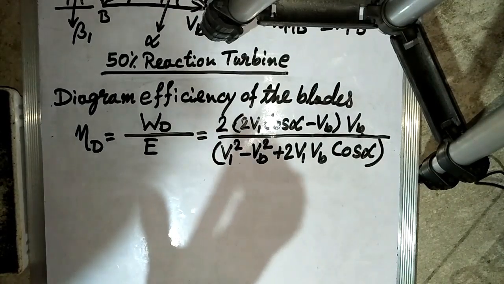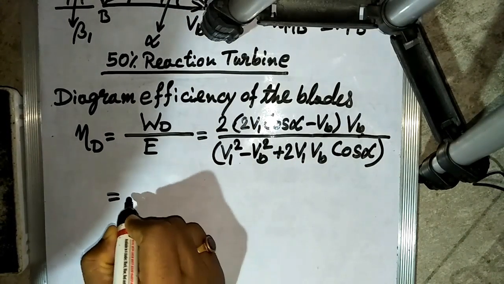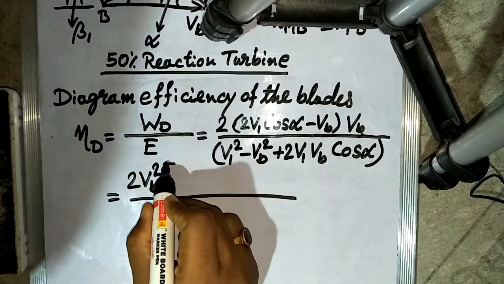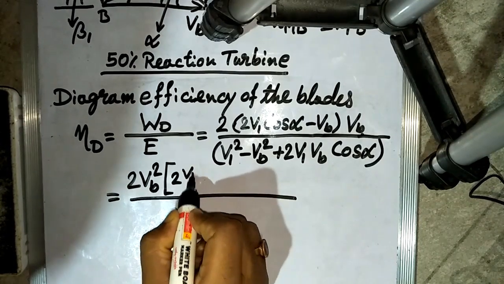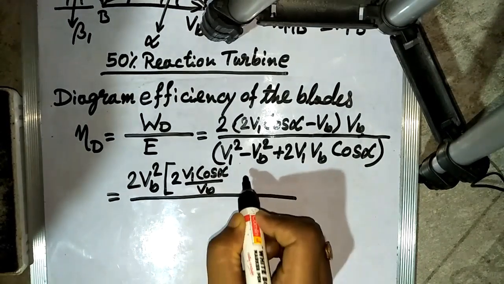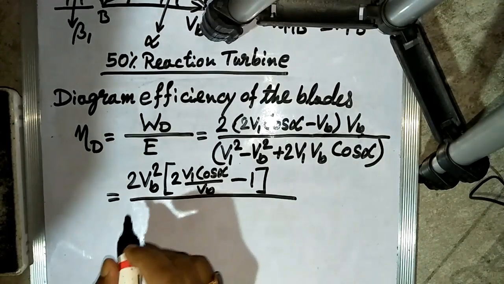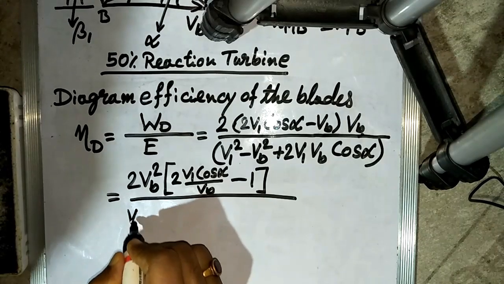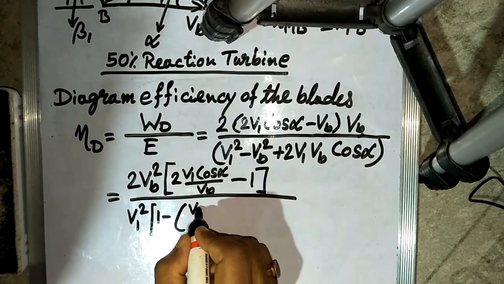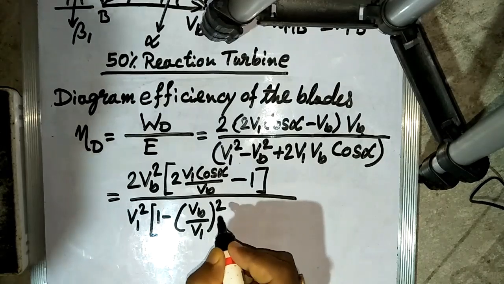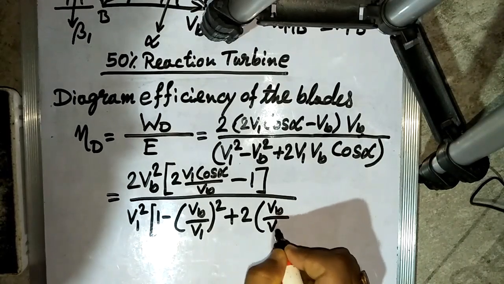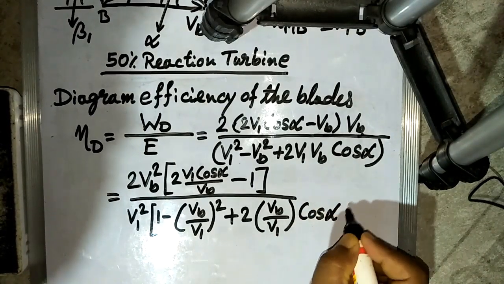Again we can simplify this expression: 2 VB square, within the bracket 2 into V1 by VB into cos alpha minus 1, by V1 square into (1 minus (VB by V1) square plus 2 into VB by V1 cos alpha).